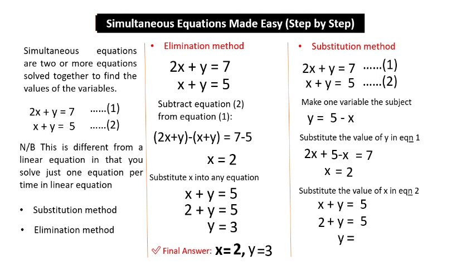When you take 2 across, it becomes minus, so 5 minus 2, which gives you 3. So the value of y is 3, which is the same as what we got when we used the elimination method. So we realize that the final answer is x equals 2 and y equals 3. This is how to use both the elimination method and the substitution method to solve simultaneous equations.